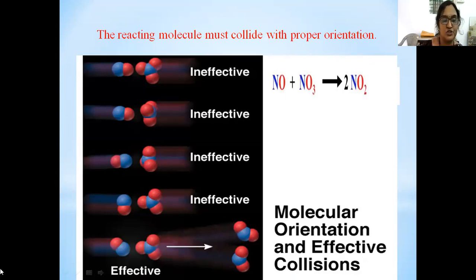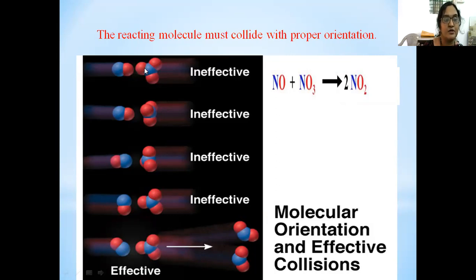Here, beautiful pictures help us understand the proper orientation. Suppose NO plus NO3 gives twice NO2. Blue is nitrogen and red is oxygen. If the collision is like this, with oxygen meeting oxygen, it is an ineffective collision because NO2 is not formed; nitrogen is not near the oxygen.